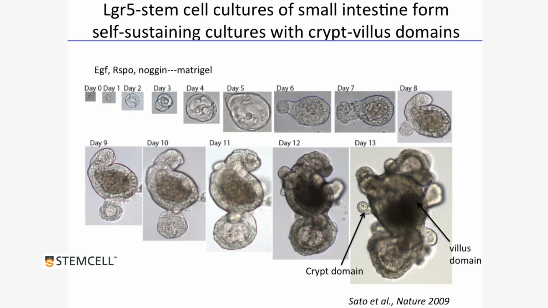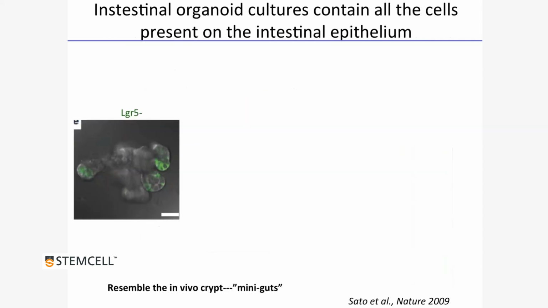On one hand, they self-renew, so we can maintain them as much as we want in culture. We have managed to split these cultures and from one well generate many, many wells in vitro for more than a year. But not only do they self-renew, they also differentiate into the cell types present in the intestinal epithelium.